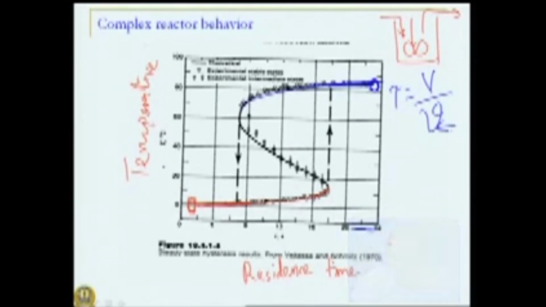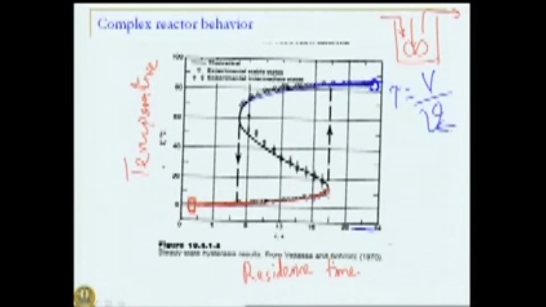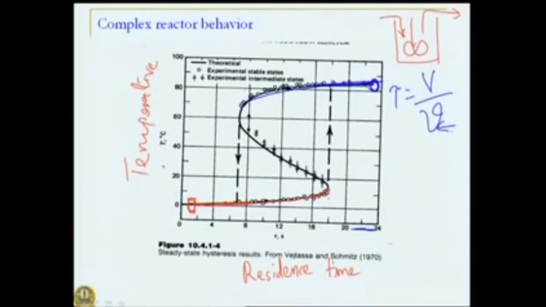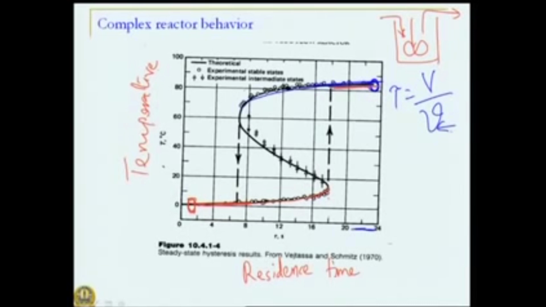But now let us say that we keep on increasing the residence time. If we keep on increasing the residence time, we find that the temperature that you get is actually now on a higher branch.